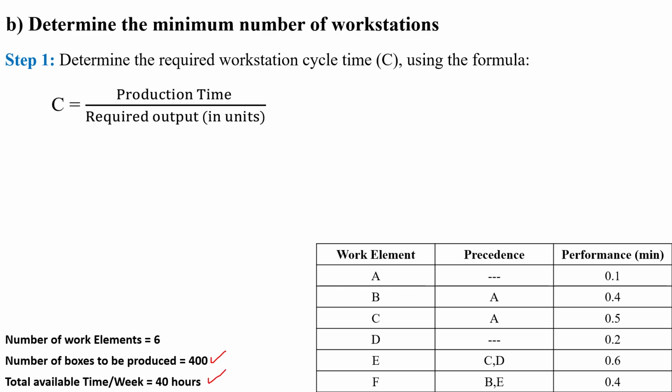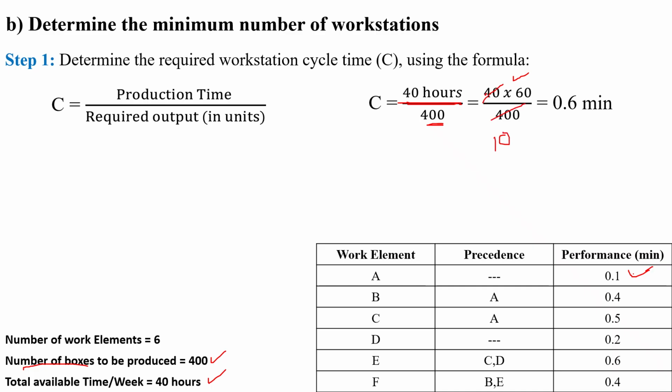Here in the data, the performance times of all the work elements are in minutes. So we have to convert 40 hours into minutes, that is 40 into 60 minutes divided by 400. Then it will come 60 divided by 10, which is equal to 0.6 minutes.